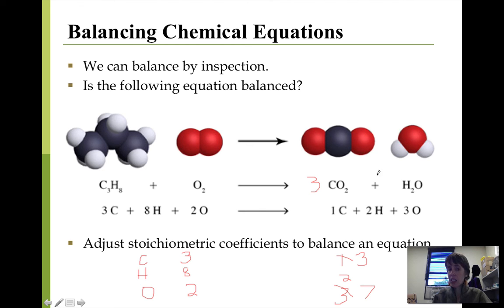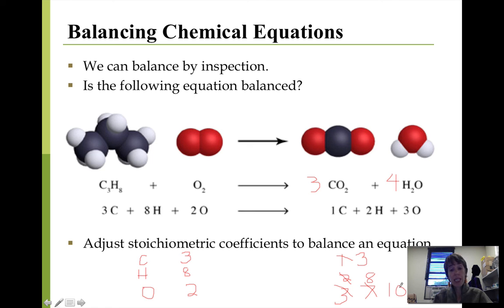The hydrogens are also out of balance. I have 8 hydrogens on this molecule. I only have 2 here. So that means I'm going to have 4 of those water molecules. Now this is going to give me 8 hydrogens, which is good, and it's going to further change my oxygen number. Now I've got 4 oxygens here and 6 here, so that changes it to 10.